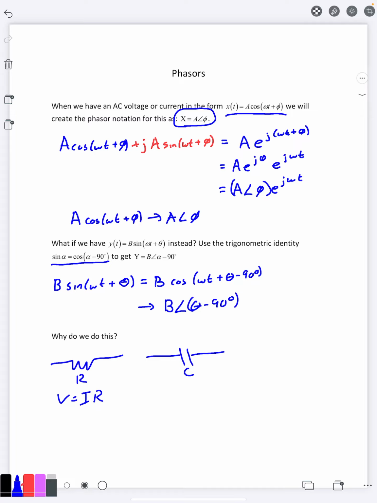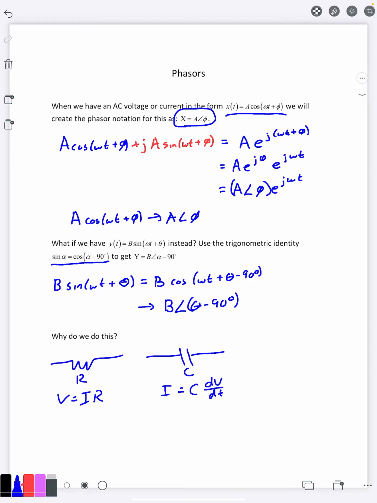Instead, we have a differential equation: I equals C dV/dt. As we saw in other videos, that meant that in order to solve a circuit, we had to write a differential equation out and then solve it. As you get more and more complicated expressions, this gets worse and worse.